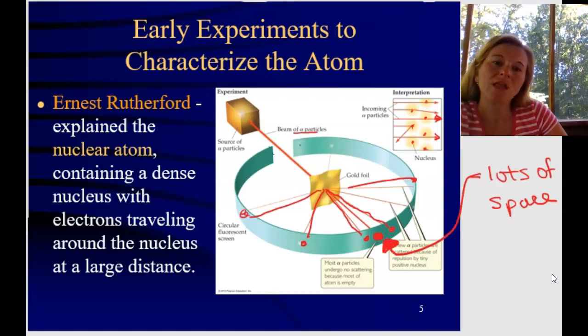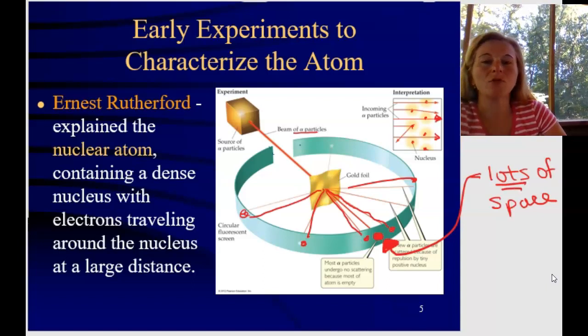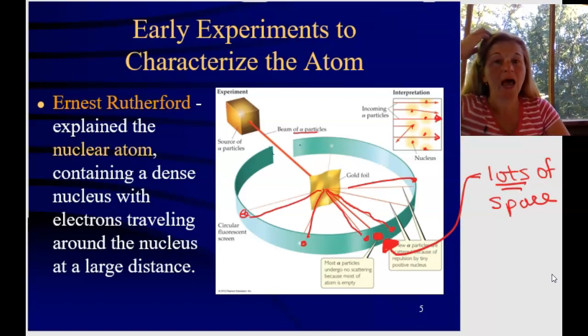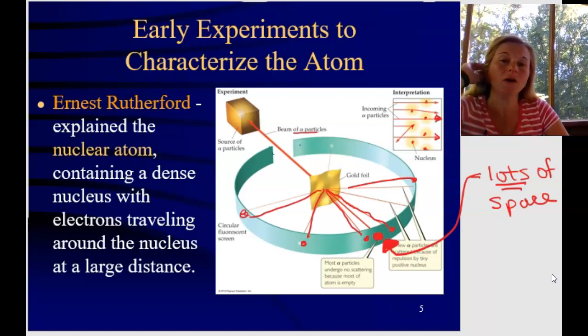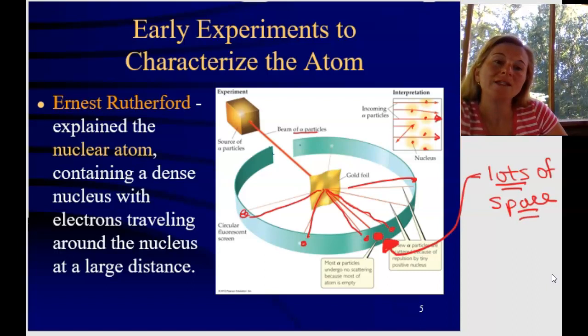It was the most intense, largest spot. So we know the most alpha particles went through those spaces, and it tells us that there's space between the gold foil, because if there wasn't space between those gold atoms, they all would have bounced back, right?